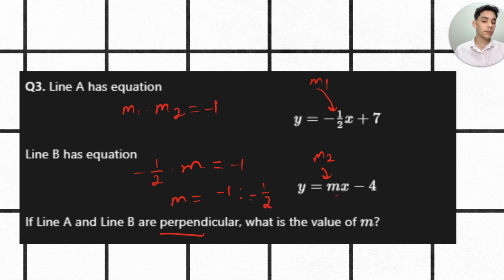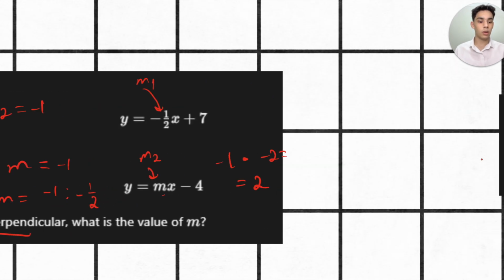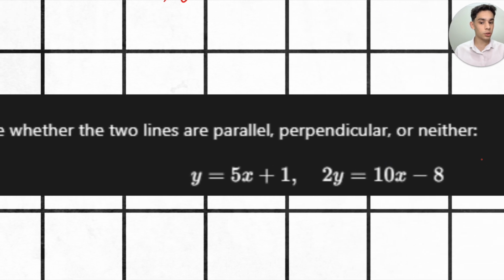And when we're dividing a fraction, we have to flip it. It will become negative 1 multiplied, because we are flipping, it becomes multiplication instead of division, by negative 2, or simply it will just equal 2. That's it. Let's solve the fourth question.